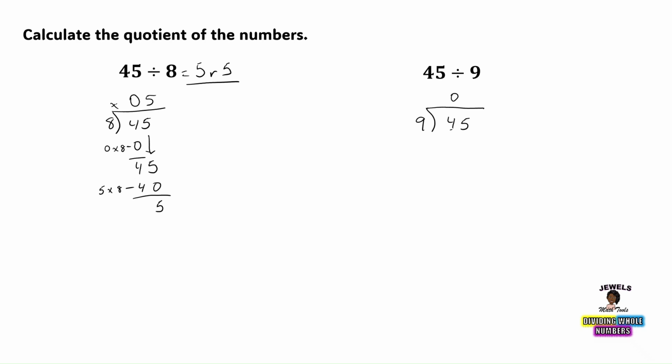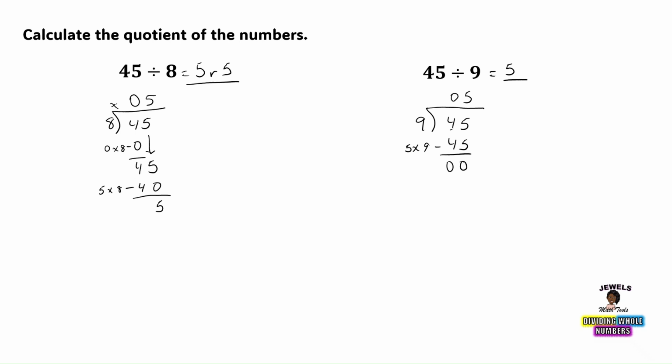And when 9 divides into 45, we will get 5. So I will be multiplying 5 times 9, which will equal 45. And 45 minus 45 will give me the difference of 0. So when 45 is divided by 9, I will get the quotient of 5.